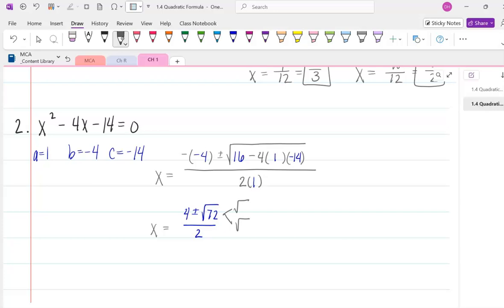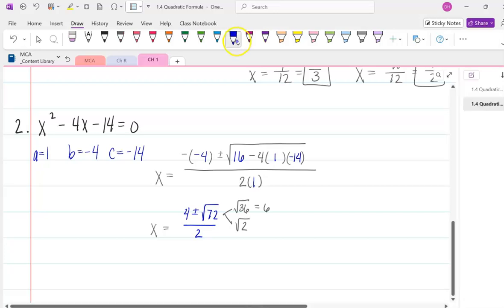So if you look at our perfect square list, the largest perfect square that goes into 72 is 36, which is multiplied by 2. So what I suggest in your calculator doing is take 72, divide by 2, enter, divide by 3, enter, divide by 4, 4 is a perfect square, and see what number you can get. The square root of 36 equals 6.